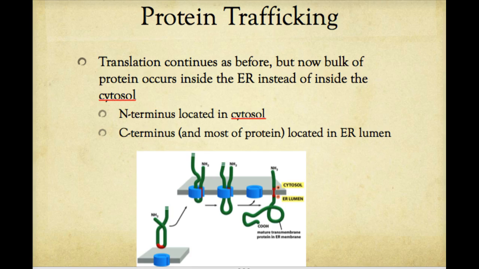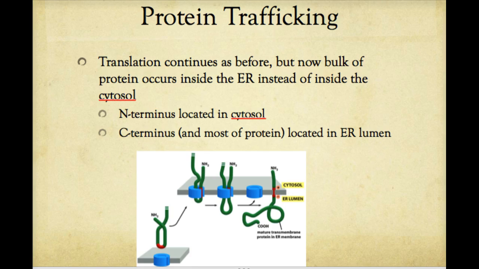So if you look at the picture on this slide, again, we see on the left-hand side, down towards the bottom, this protein which has started to be translated out in the cytoplasm, and we see a blue translocon pore just underneath it. Notice the red sequence. That's a start transfer sequence. The SRP is going to bind to that start transfer sequence and take it down to the pore and help it bind inside the pore. Then translation is going to begin.